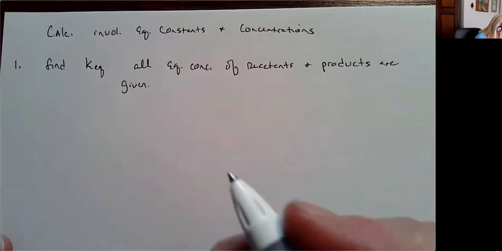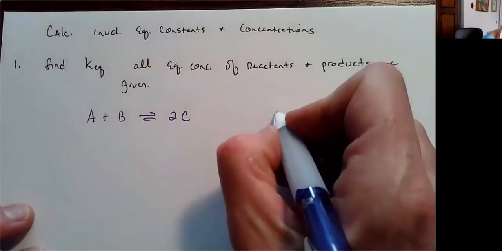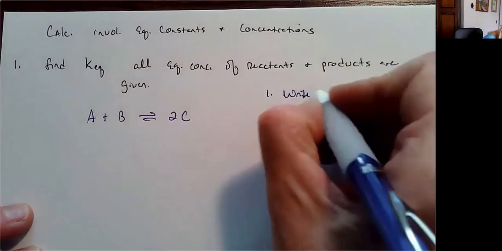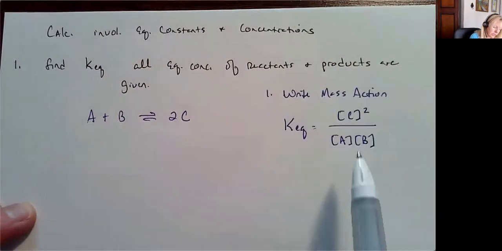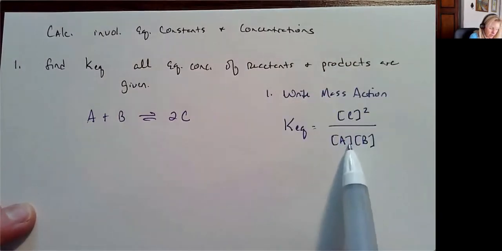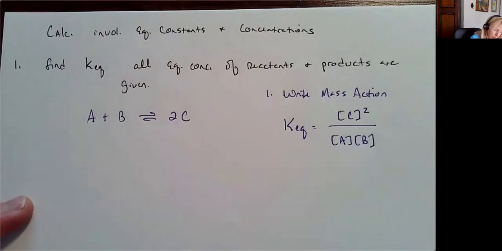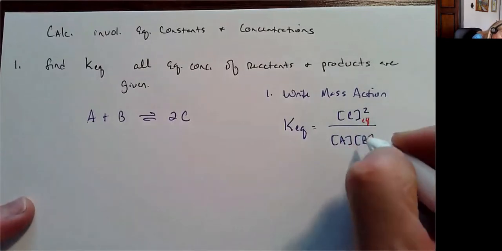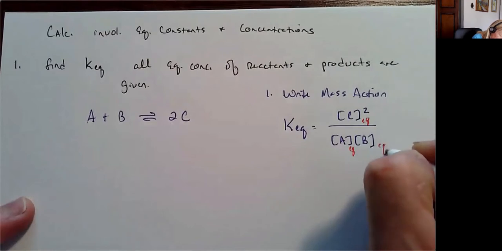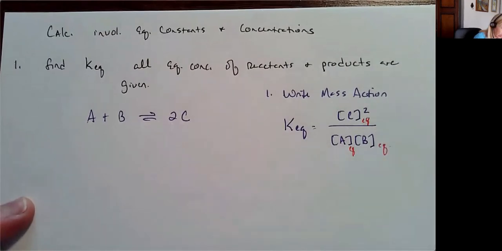So let's say I have this simple equation, and I'm going to write my mass action. Once I get these concentrations here, I can plug it in and solve. And remember, these are all equilibrium concentrations, right? These are not my initial starting concentrations.